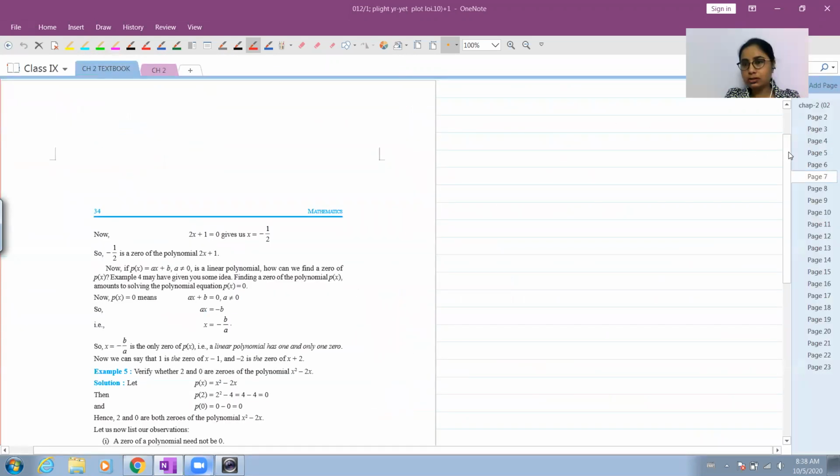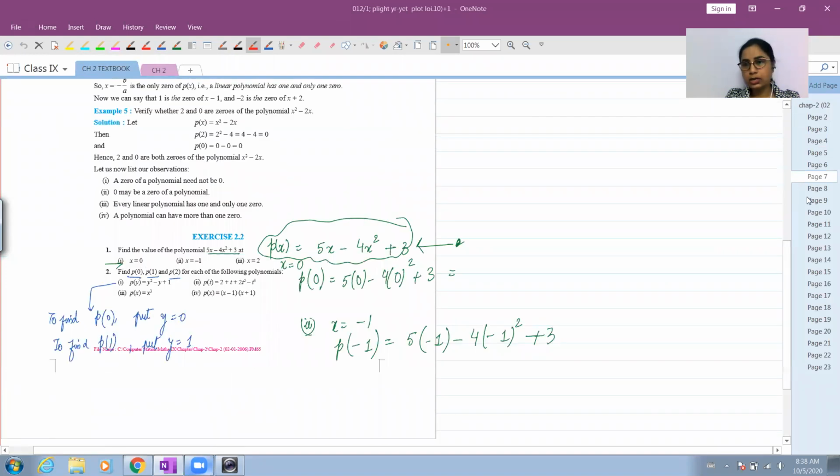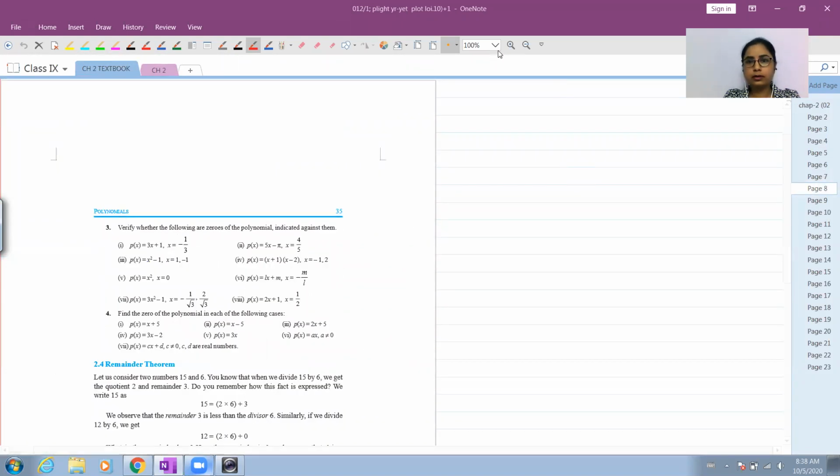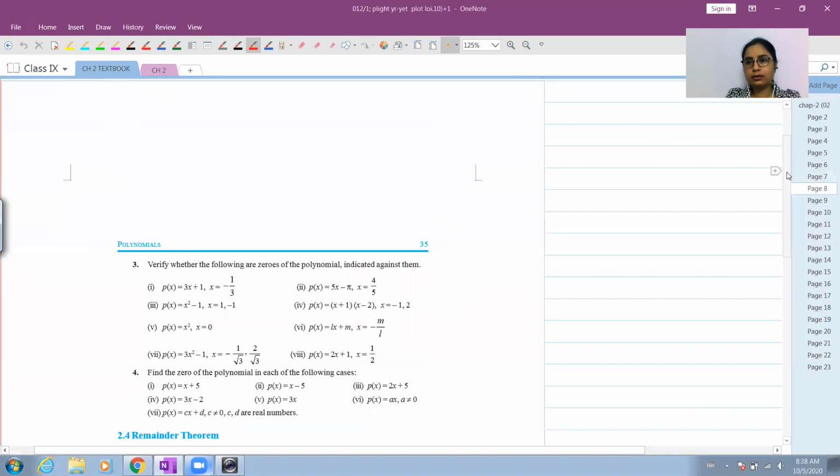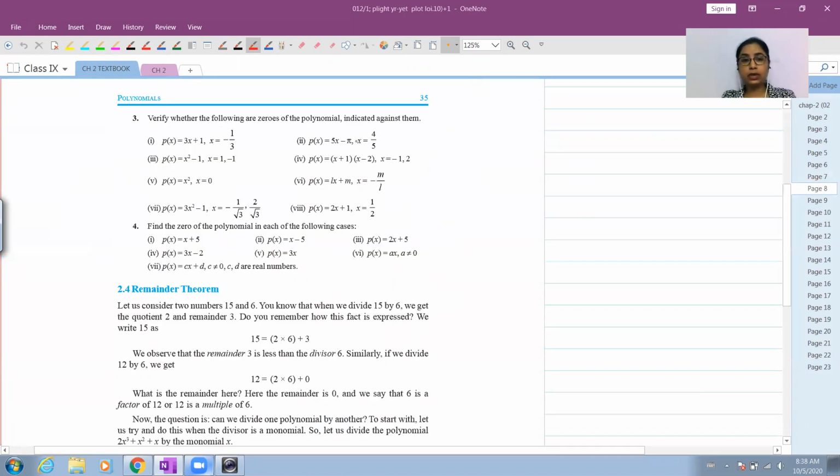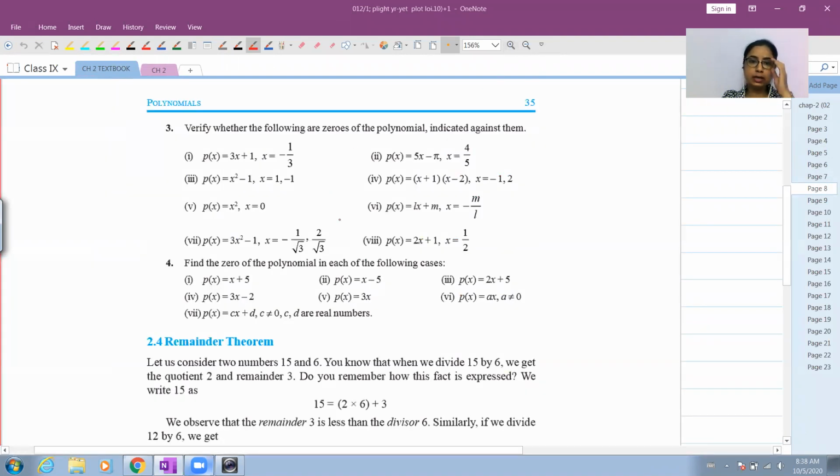Next question. Question number 3. Verify whether the following are zeros of the polynomial indicated against them. So as you can see, there are 7, 8 parts. In each of the parts, along with the polynomial, there is a value given.